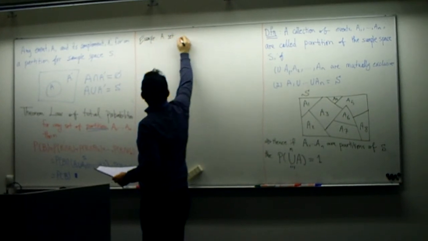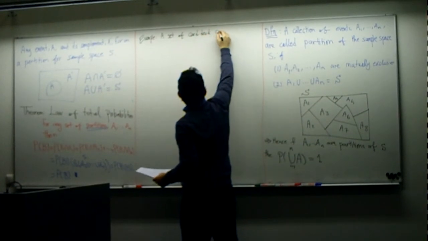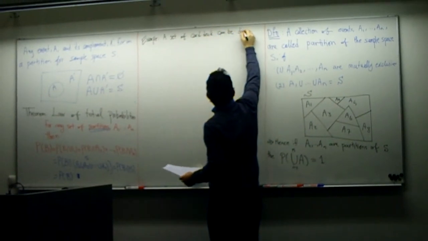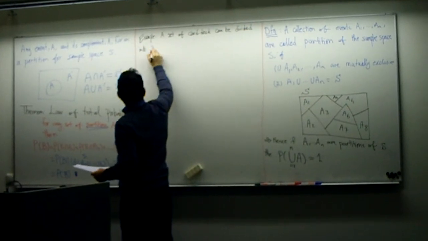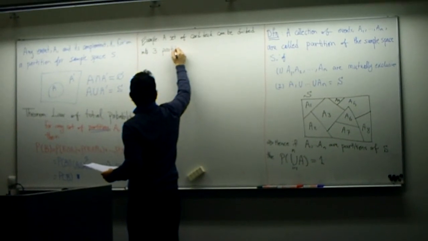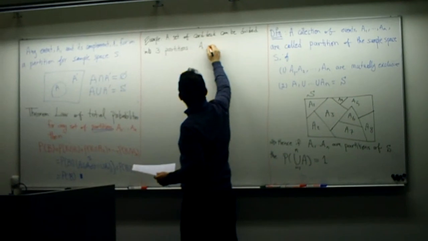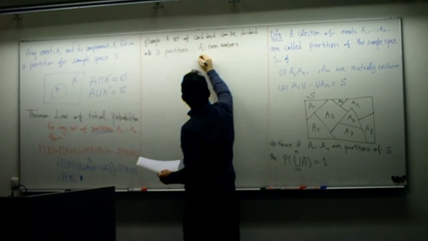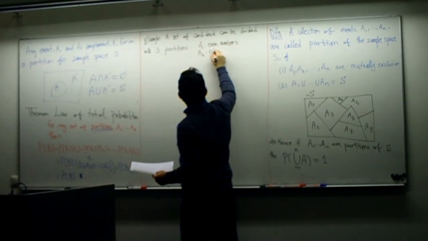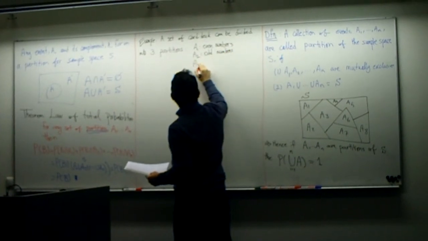A set of card deck can be divided into 3 partitions: A1, which is even numbers, A2, which is odd numbers, and A3, which is faces.